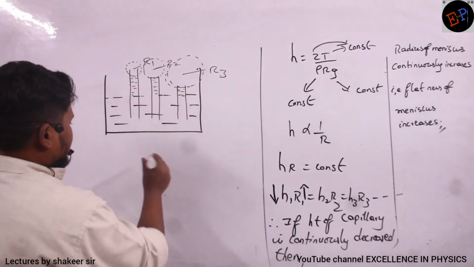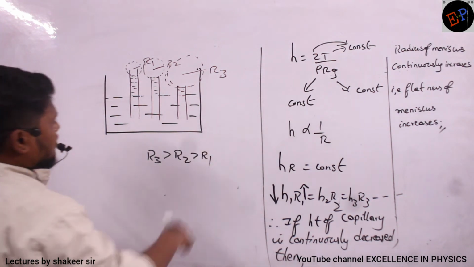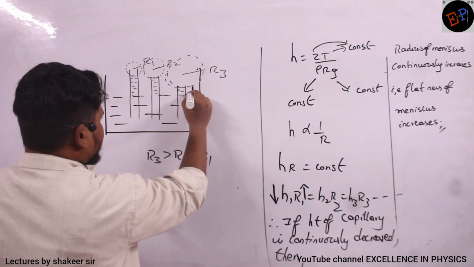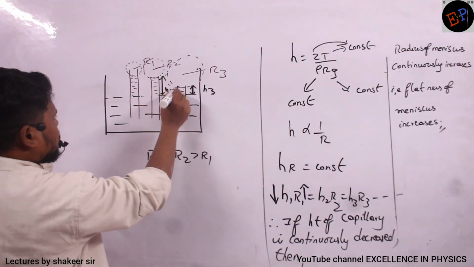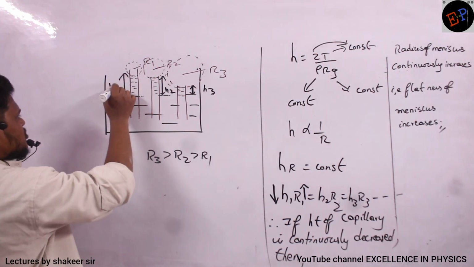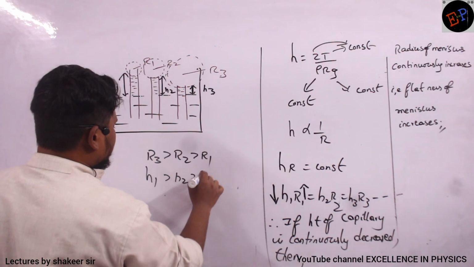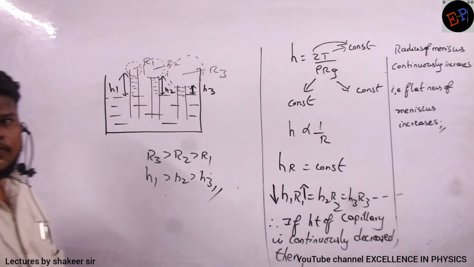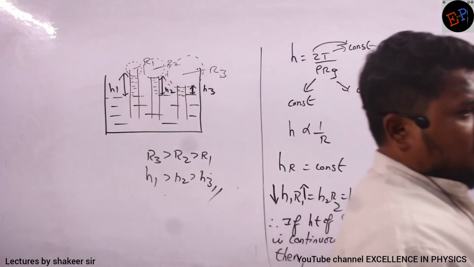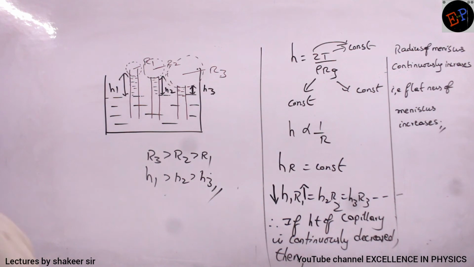Therefore, I can say R3 is greater than R2 is greater than R1. This height is H3, this height is H2, this height is H1. H1 is greater than H2 is greater than H3. This is what happens when you place a capillary of insufficient length.